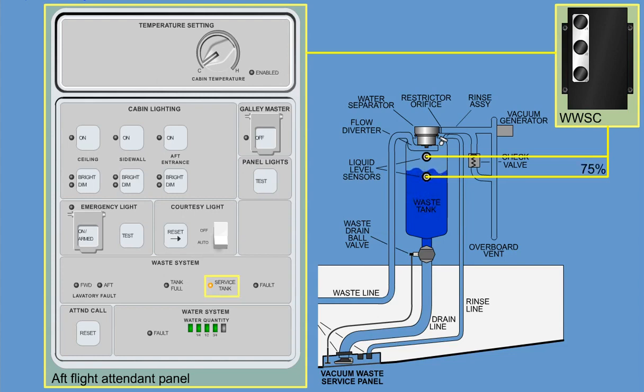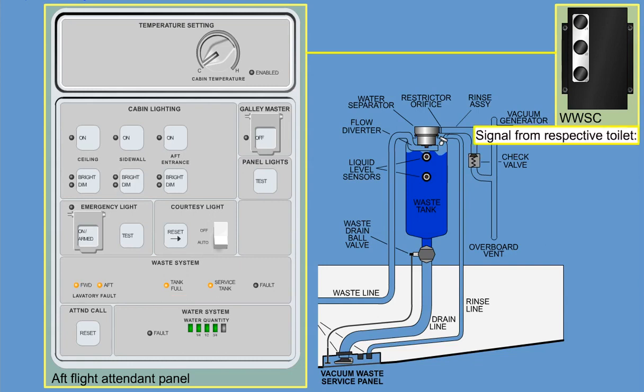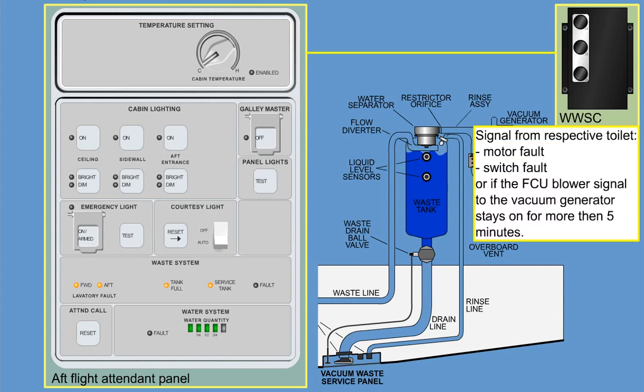At 75%, the service tank light illuminates, and at 100%, the tank full light illuminates. Forward or aft lavatory fault indications are provided on the FAP by the WWSC when a signal from the respective toilet is due to a motor fault or switch fault, or if the FCU blower signal to the vacuum generator stays on for more than 5 minutes.